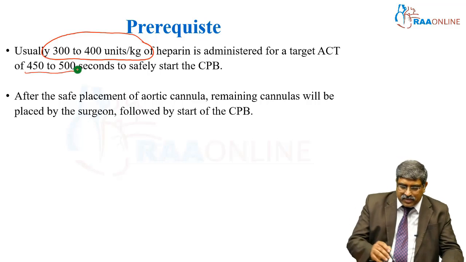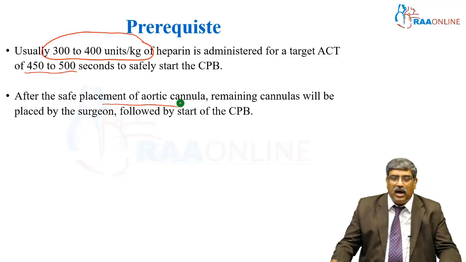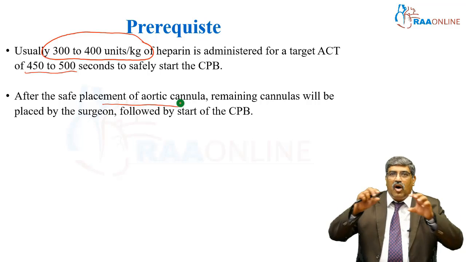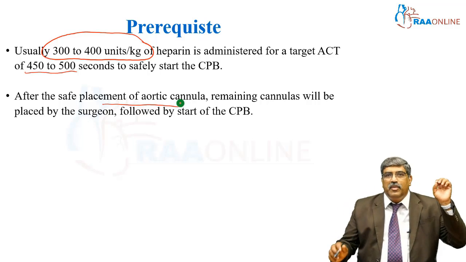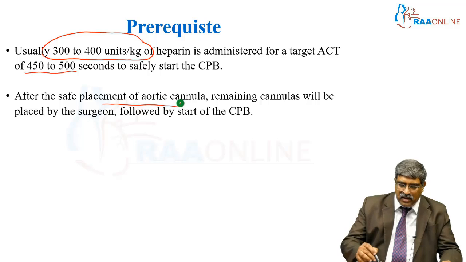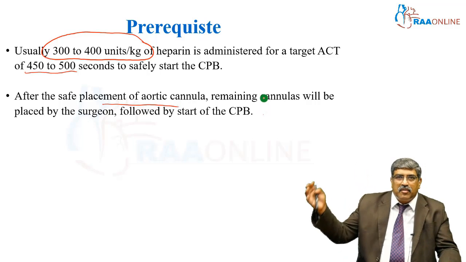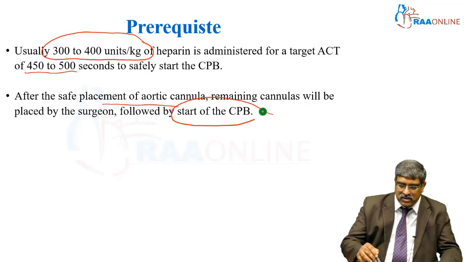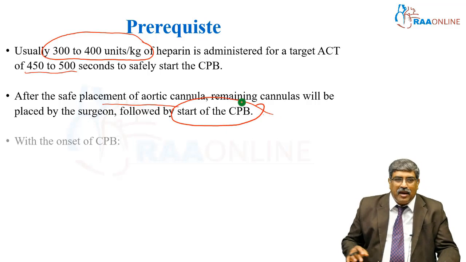After the safe placement of the aortic cannula, the remaining venous cannula, that is the IVC, SVC or atrial cannula, will be placed by the surgeon. Once the bicaval cannulation and the aortic cannulation are done, the start of cardiopulmonary bypass happens.